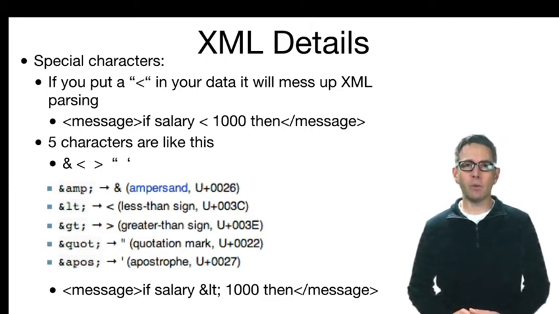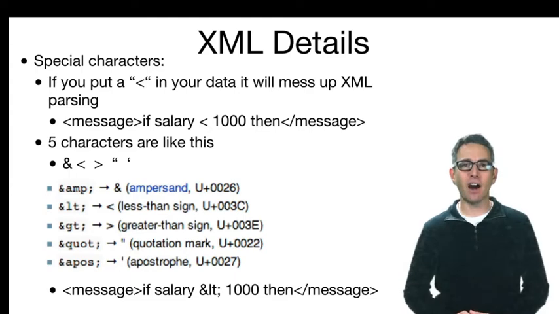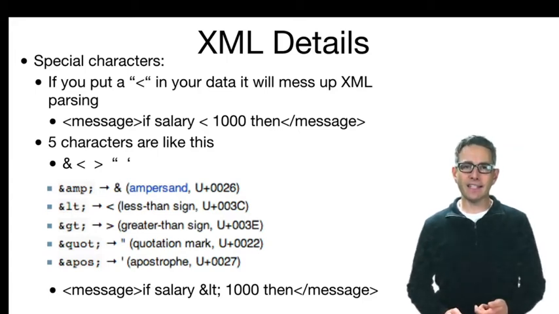And so, for example, if you want a message that opens with a message tag and closes with a message tag, and you want the message itself to be something like, if salary is less than 1,000, maybe a little snippet of code that you're writing, that less than symbol is going to screw up the parser because the parser is going to think that you're starting a tag whose name is 1,000.